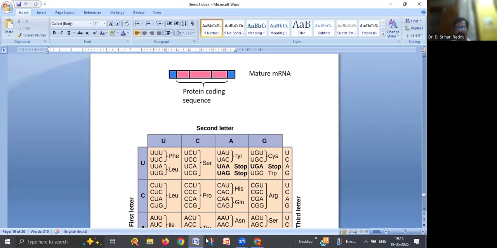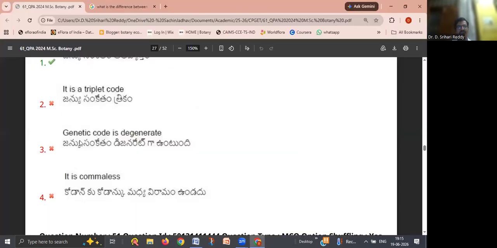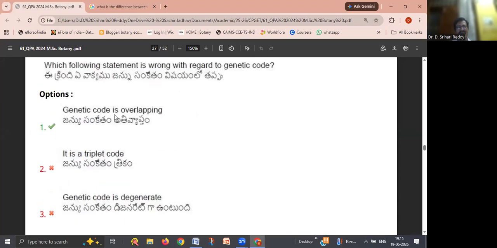So here it is commaless. It is also a correct statement. So we should not choose this. Among these, the genetic code is overlapping. It is a wrong statement, because there is no overlap among the triplet codons.